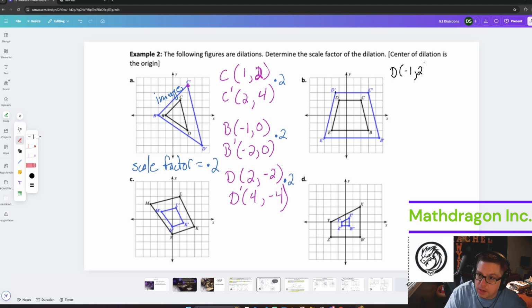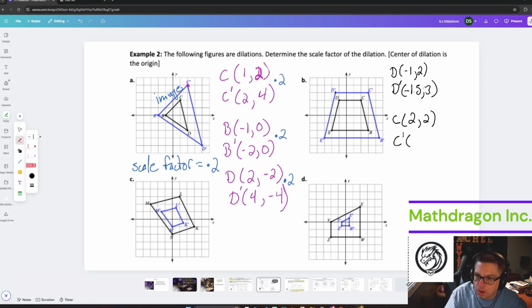So this is going to be negative 1 comma 2. D prime is going to be negative 1 and a half, and 1, 2, 3. That's going to be 3. Okay. And C is probably going to be the same thing. 1, 2, 2, 2.